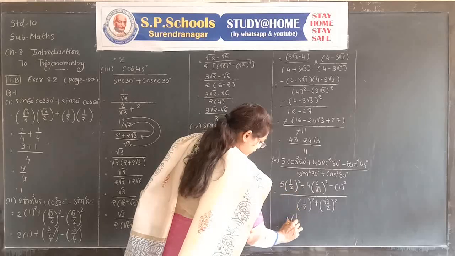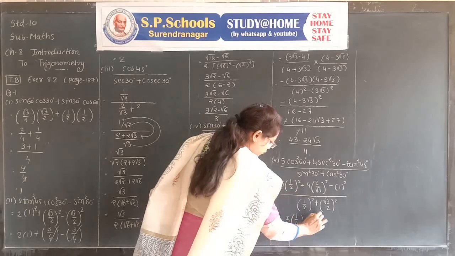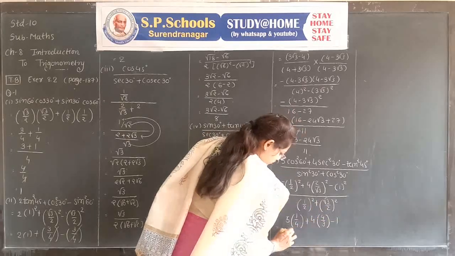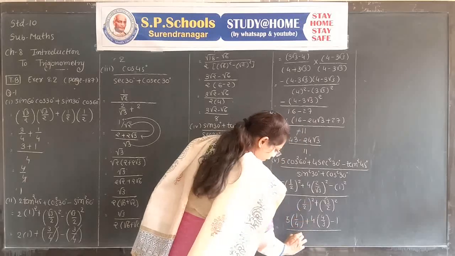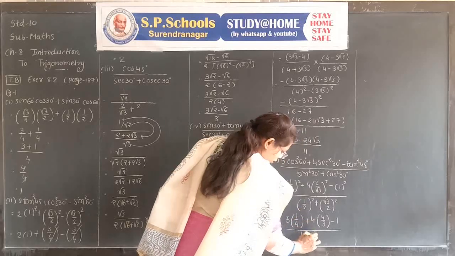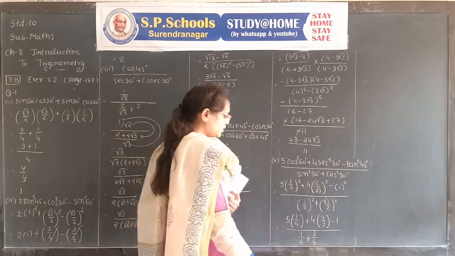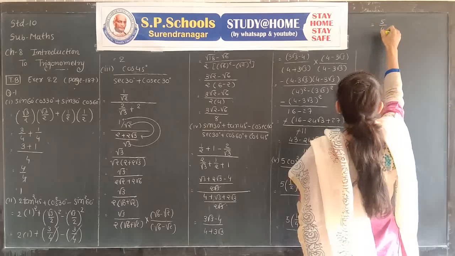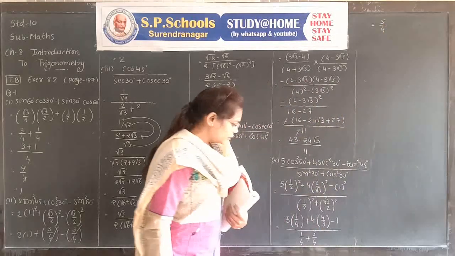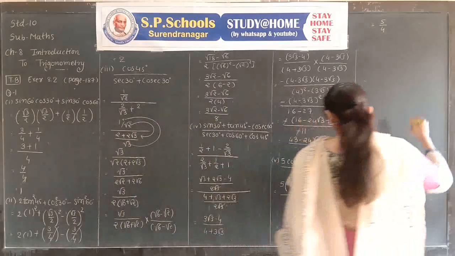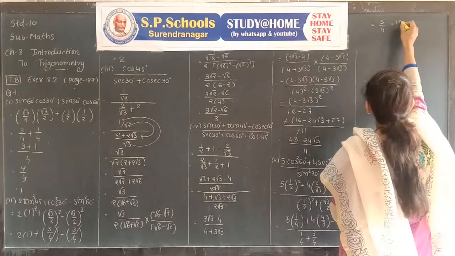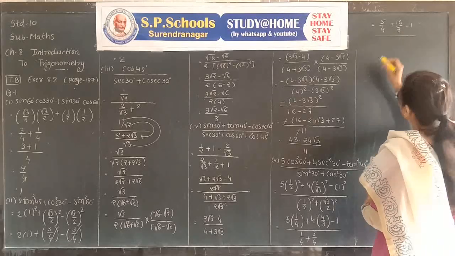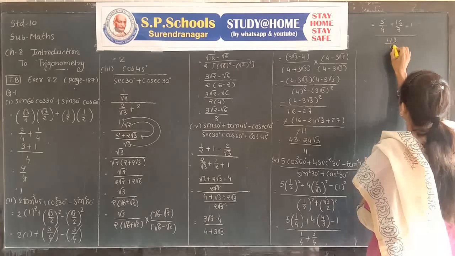(1 upon 2) square, which is 1 upon 4, plus 4, (2 upon root 3) whole square is 4 upon 3, minus 1, upon (1 upon 2) square, 1 upon 4, plus 3 upon 4. 5 multiplied by 1 upon 4, we get 5 upon 4, plus 4 4s are 16 upon 3, minus 1, upon, take the LCM, 1 plus 3 upon 4.